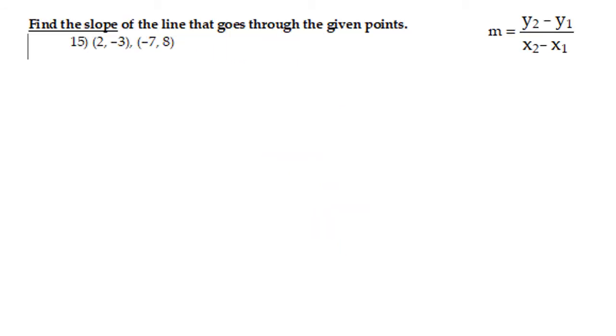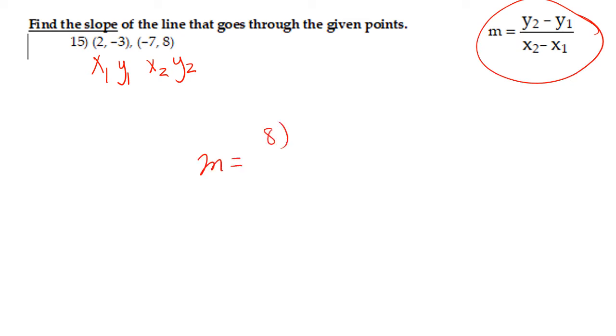Now on this problem, we have to calculate the slope of a line that goes through these points. Remember, ordered pairs are always x and then y. The first ordered pair I'm going to label 1, and the second ordered pair I'm going to label 2. Then I'm going to use this formula for slope, which you will be given. So the slope would be 8 subtract negative 3 using my y2 and y1.